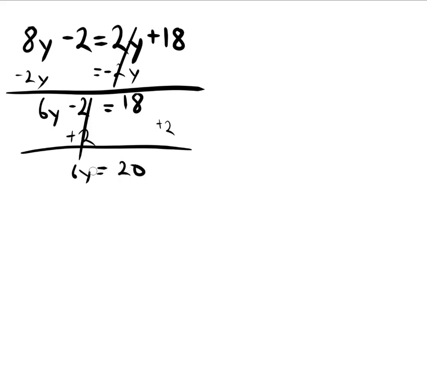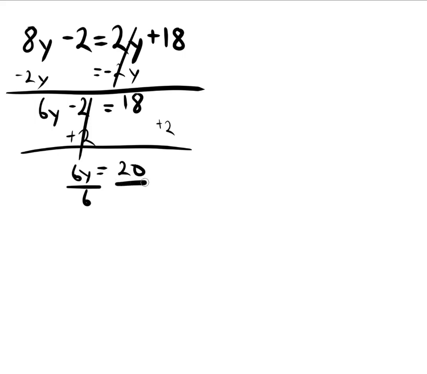Now I'm going to see what operation is present. If you look here, y is being multiplied times 6. Because y is being multiplied times 6, I need to do the opposite to undo that multiplication. The opposite of multiplying times 6 is dividing by 6.